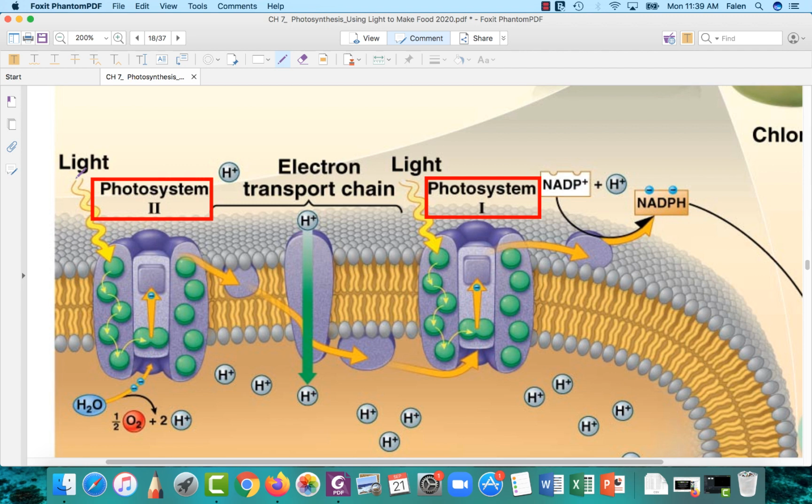All right, here we go. Now, photons of light are going to come in from, of course, there's only one place, the sun. And they are going to get picked up and absorbed by pigment molecules inside of photosystem 2. Pigment molecules will pass the energy, the photons of light, from one molecule to the next.